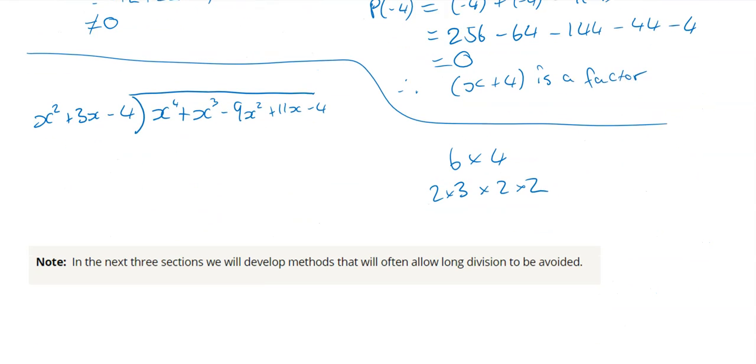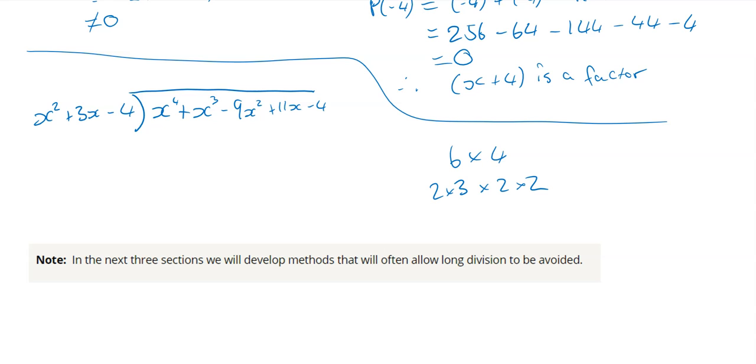Okay, so x squared is going to be x squared. That gives me x to the 4. 3x is going to be plus 3x cubed minus 4x squared. These come down. Do our subtraction.